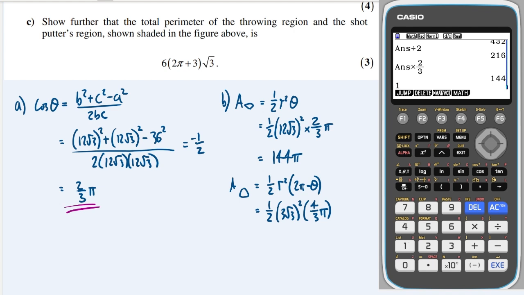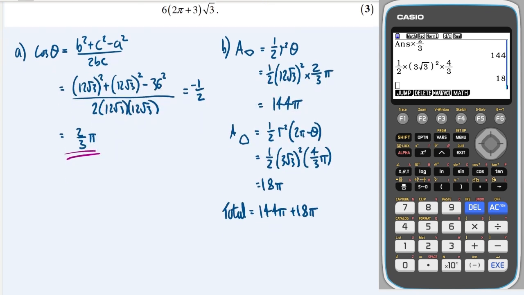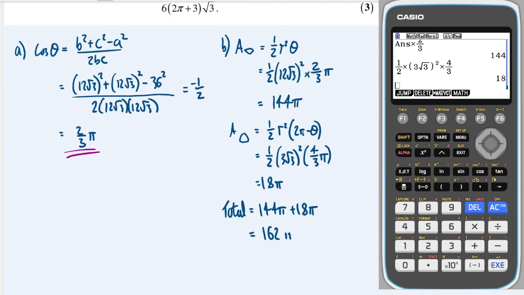Okay, so we need to do 1/2 multiplied by 3 root 3 squared times by 4/3, and that will give us how many pi? That's 18 pi. And therefore the total area is 144 pi plus 18 pi, which is 162 pi.